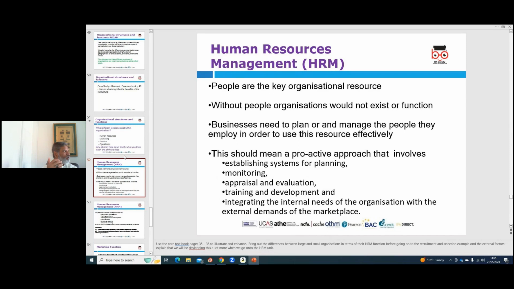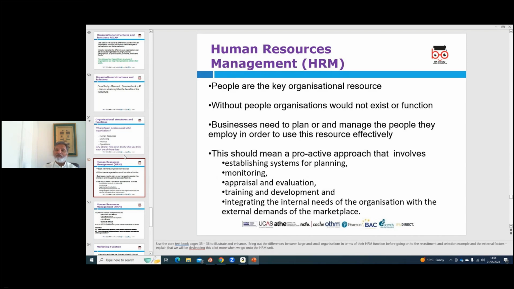HRM is responsible for recruitment, selection, planning, monitoring, appraisals, evaluation and development of people, making sure that they recruit and select the correct people who are going to be critical for fulfilling the objectives, aims and missions of the organization.